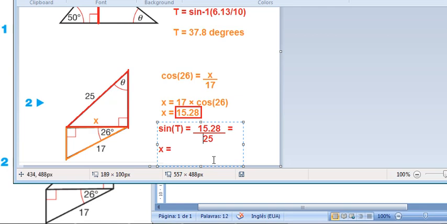Divided by 25. So the thing that we are looking for, the angle theta, is going to be the inverse function of sine of 15.28 divided by 25.